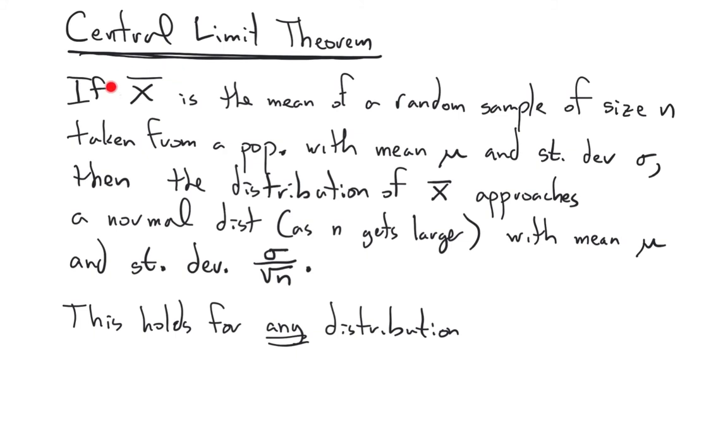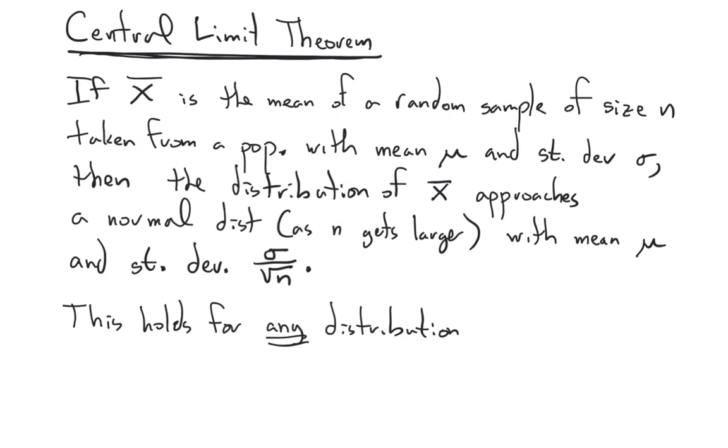It says, if we have this random variable, let's call it big X bar, and this random variable is the mean of some random sample of size n, just like we did in that app, and we're taking it from a population, could be any population you like, that has a mean, let's say mu, and standard deviation sigma, then the distribution of these means, these sampling observations, that is the mean of our sample, approaches a normal distribution as n gets bigger.